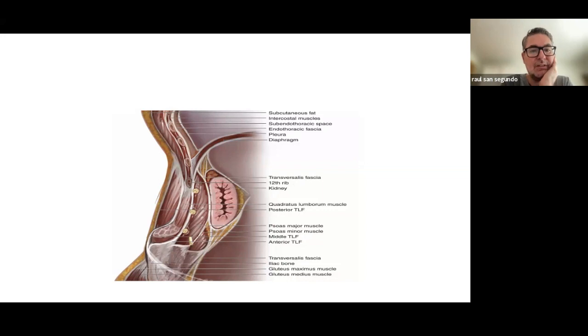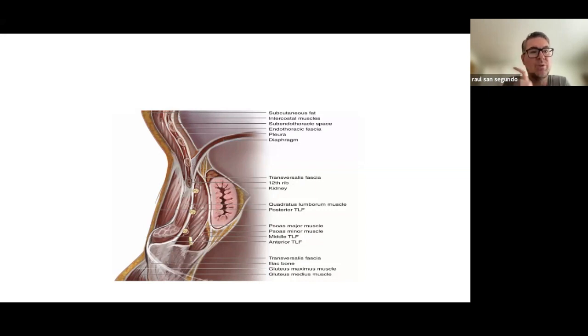Even though there's something that some osteopaths have done in scientific articles, they've seen that when you've got low back pain, it's very common to see that the kidneys move less.